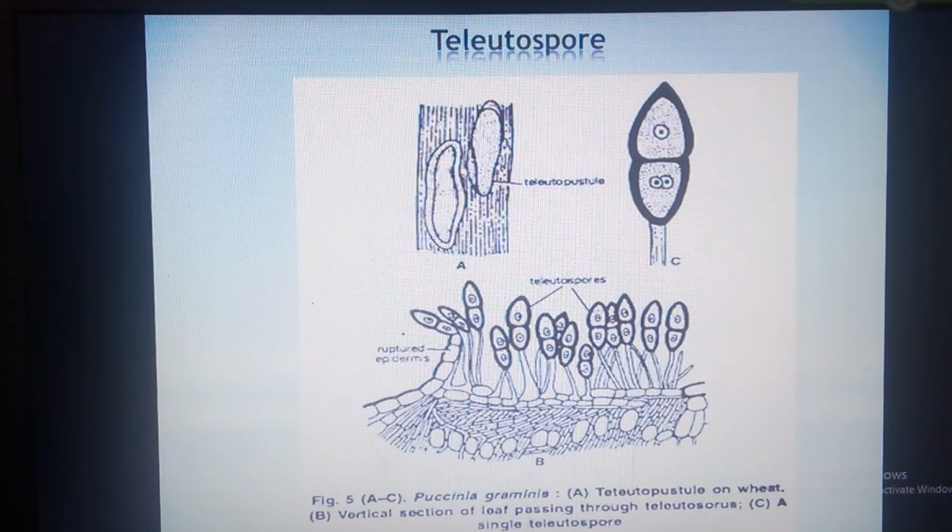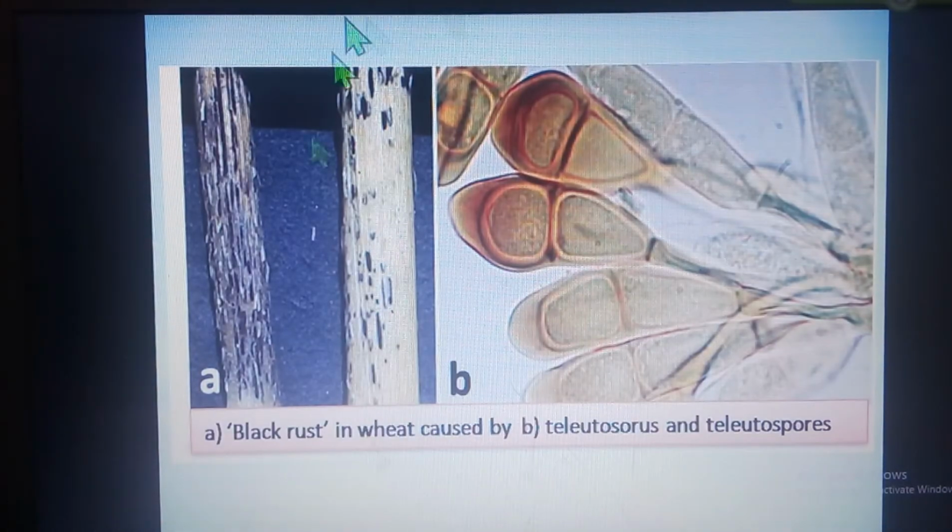Now those brownish red pustules have become black. You can see the telisori look like black raised streaks that develop on the leaf sheath and also on the stem.